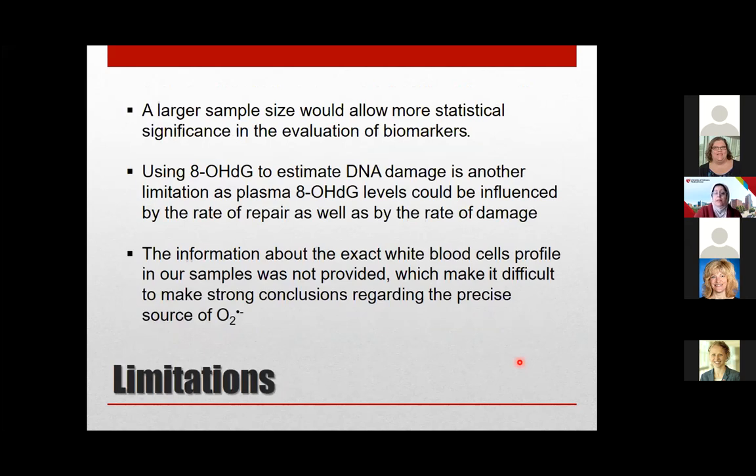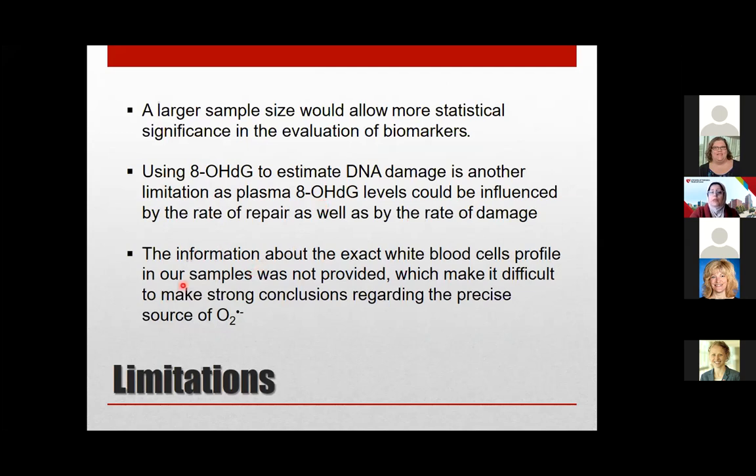So, of course, our study has some limitations. The first one, a larger sample size would allow us to have more statistical significance in evaluation of these biomarkers, and that's our future plan, to increase our sample size. The other limitation is that using 8-hydroxyguanosine to estimate the DNA damage is another limitation, as this plasma hydroxyguanosine level can be influenced by the rate of repair as well as by the rate of damage.